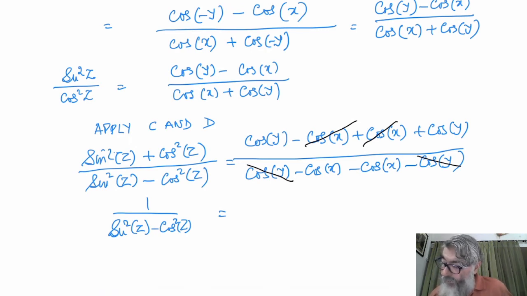So I will get 2 cos y upon minus 2 cos x.